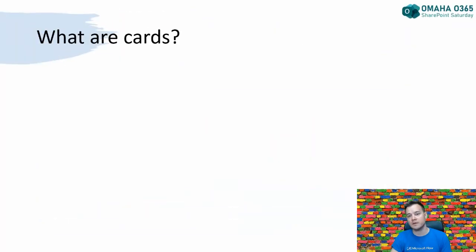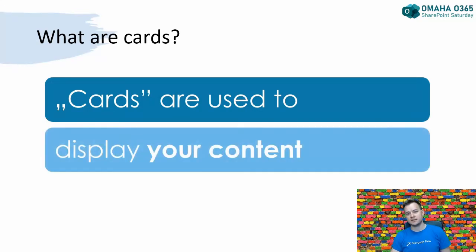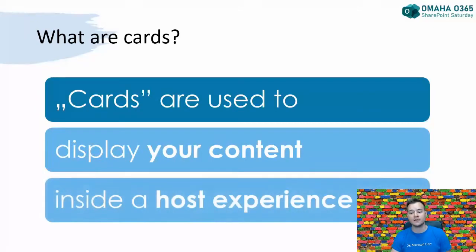So when we're talking about cards, we can say, as a definition, that cards are used to display your content in the host experience. By that I mean that when you're designing a card, the only thing you really have to focus on is to design the content, the layout of the content.